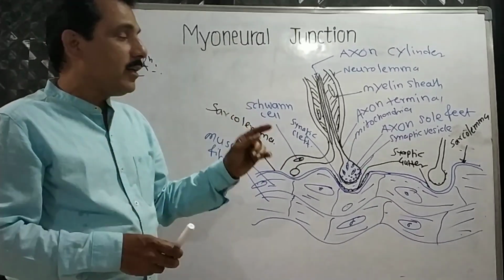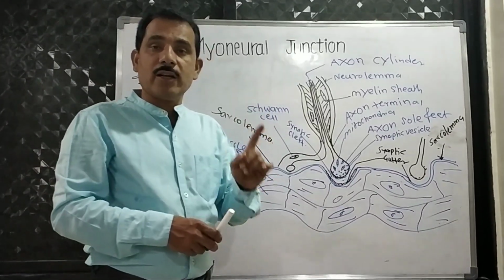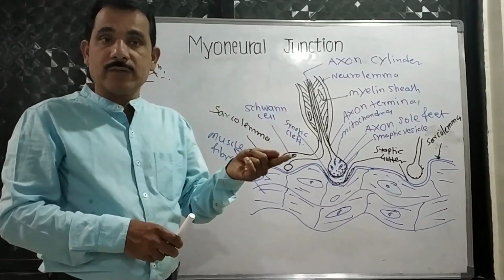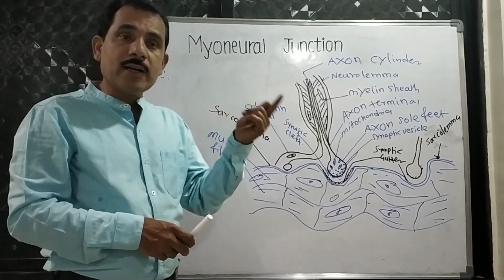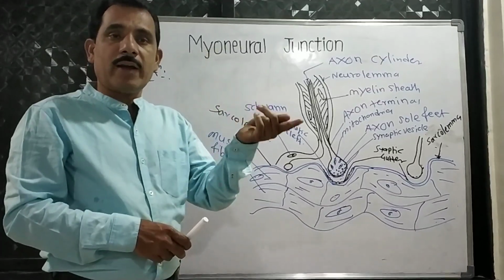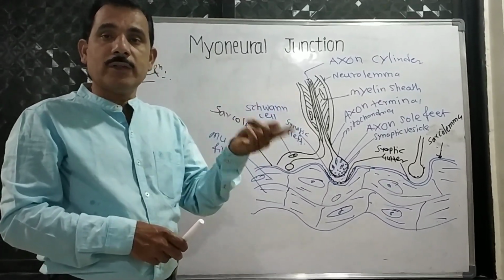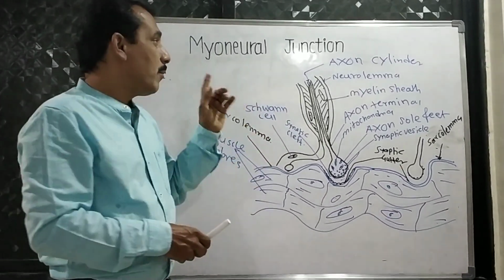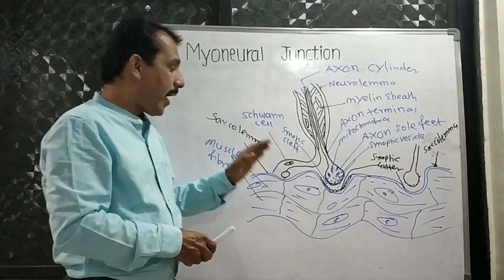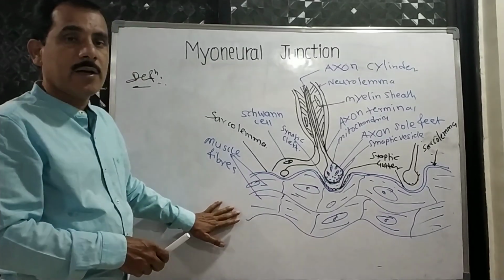I will repeat again: the myoneural junction is a junction in between the nerve fiber and the muscle fibers, where the terminal nerve fibers end on the sarcolemma of the muscle fibers. This is the anatomy of the myoneural junction.